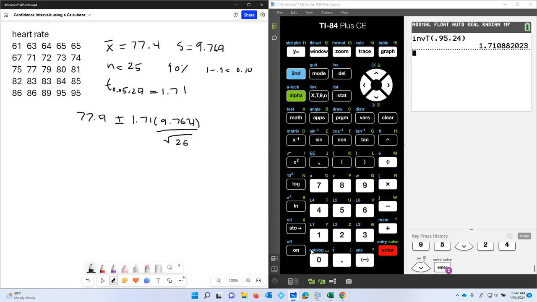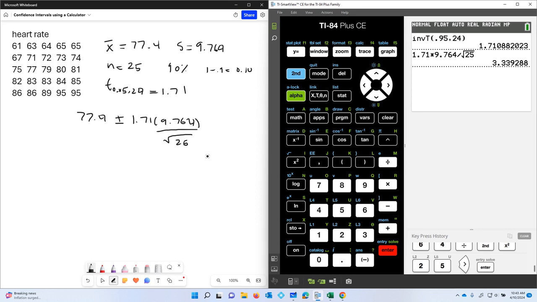Now, of course, if we take 1.71, multiply that by 9.764, and divide that by the square root of 25, we find that the margin of error is 3.3, yeah, we can say 3.34.